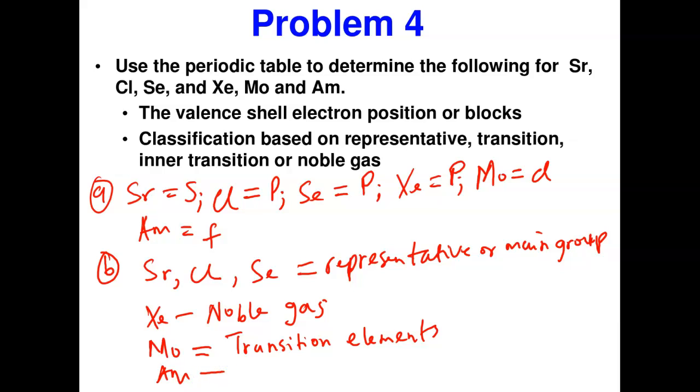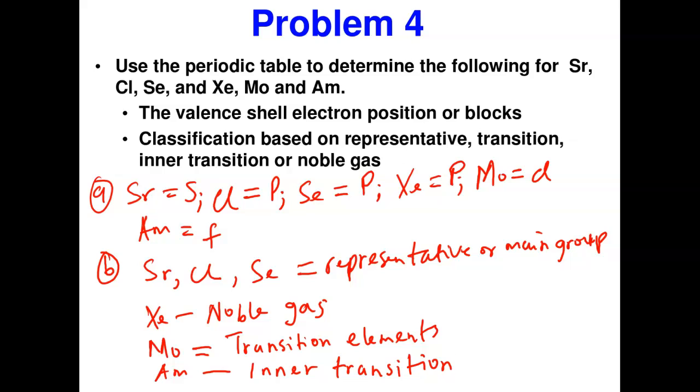You can write that americium much better. I don't have a lot of space, but I'm going to fit it in there. So americium there, Am, is located in the F block, and those F block elements are called the inner transition elements. That's what we call them, the inner transition elements.